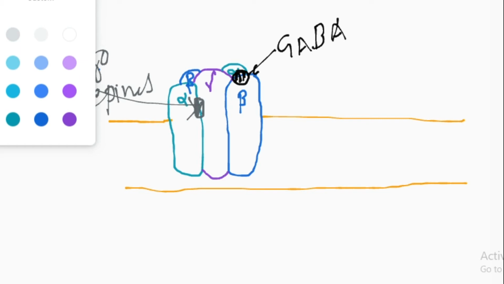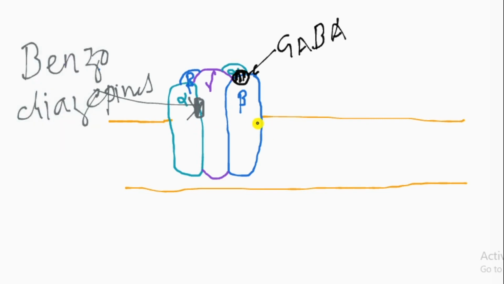And barbiturates bind either beta or alpha.